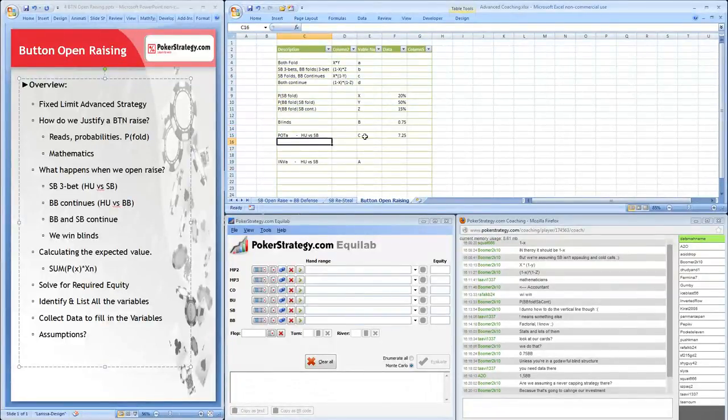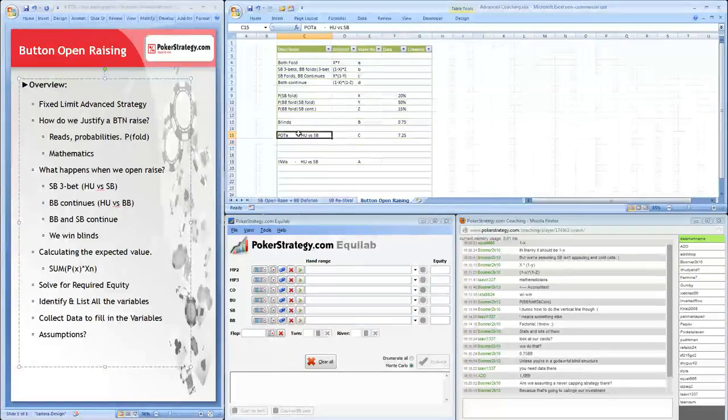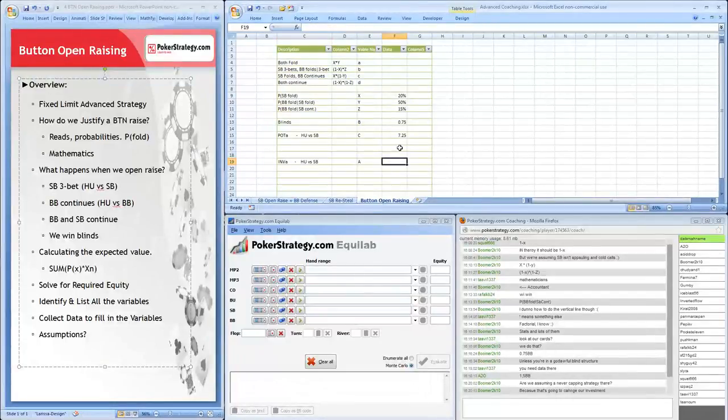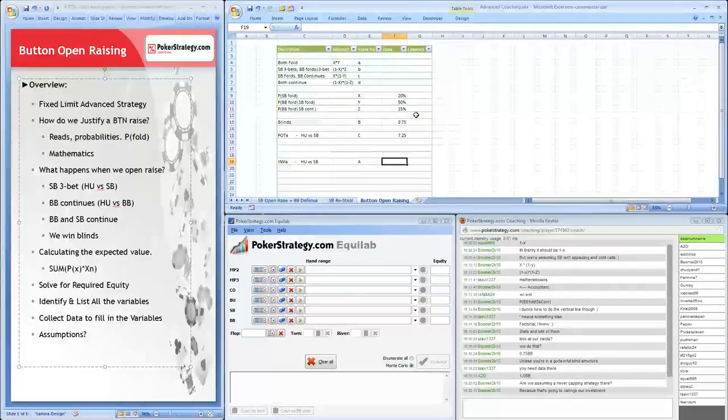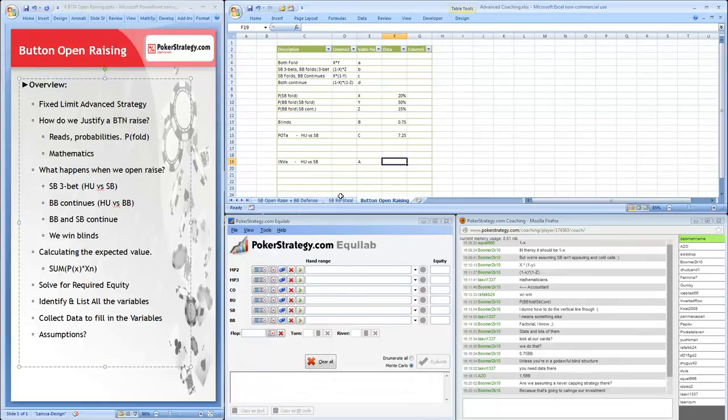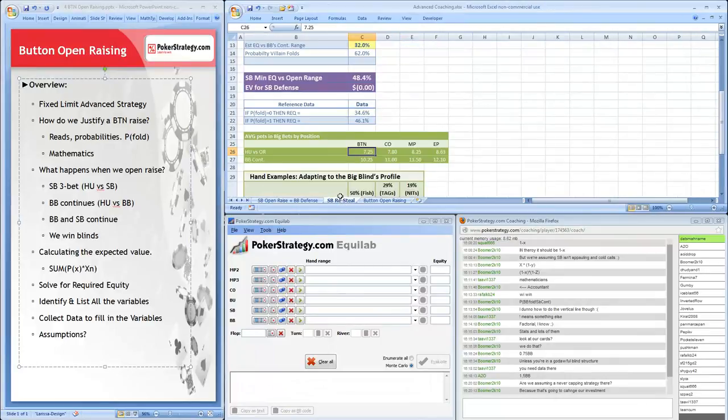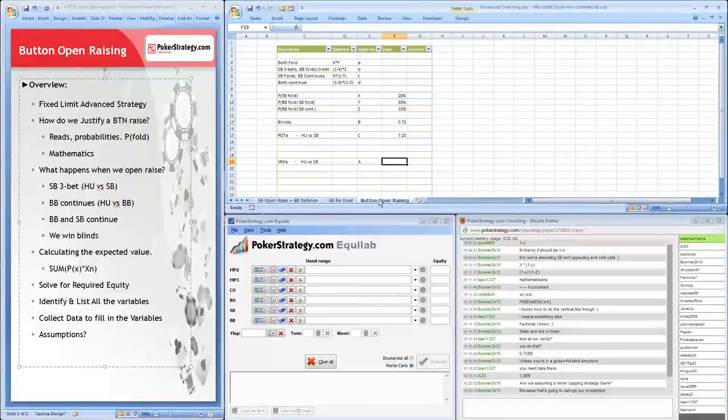Okay, so we have our pot size, 7.25 big bets. We have the amount that we're going to invest. That's going to be based on this. If we think back to small blind re-stealing, there we calculated our investment from the small blind by first taking the average pot, subtracting the dead money, and then dividing it by the number of players.